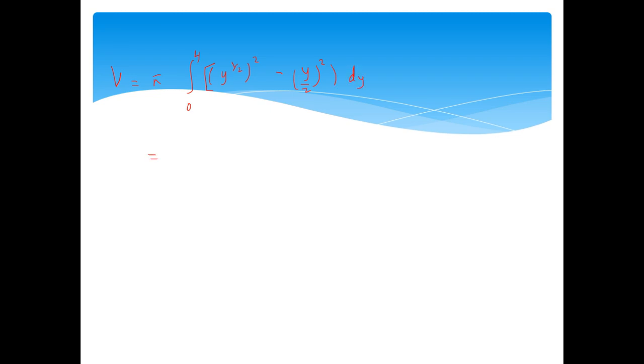So then we have pi times the integral from 0 to 4 of y, since 1/2 times 2 is 1, minus y squared over 4 dy.